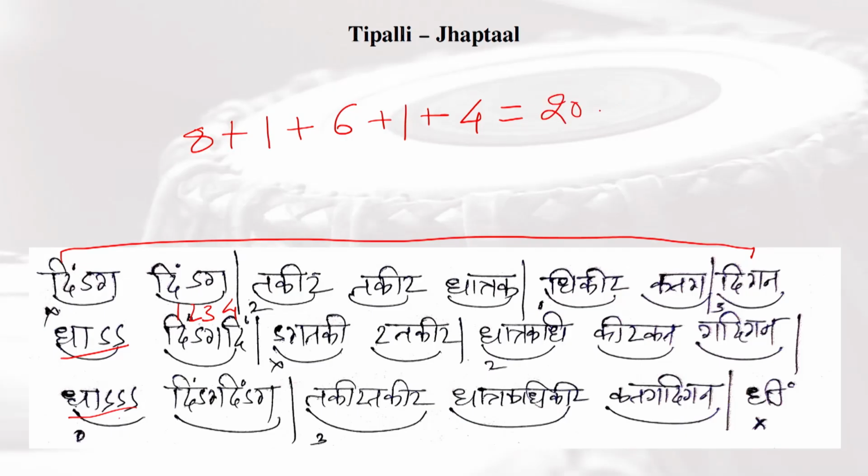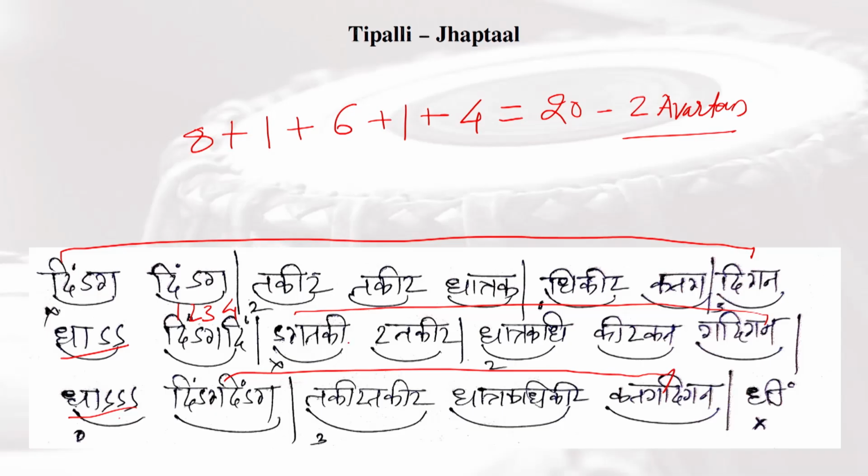So this is a 2 avartan of Jhaptal, 2 avartan composition. So this was 8, this was 6 matra palla, then 1 pause, and this was 4 matra palla.